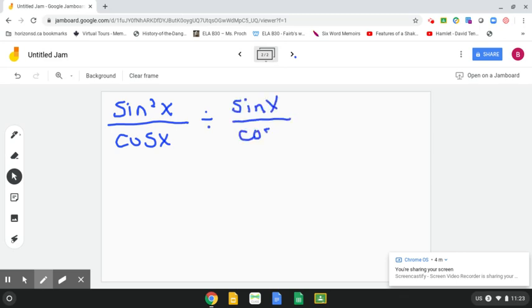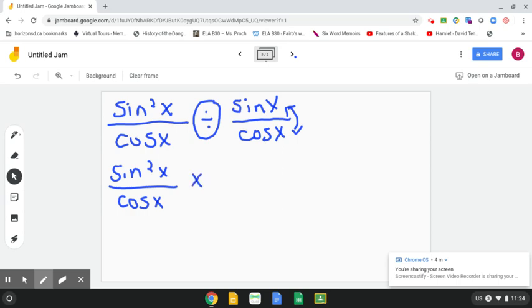I just like writing my division like that when I start simplifying, because you know that when you divide, you're basically multiplying by the reciprocal. So let's do that, and then we're going to be able to cancel lots of stuff out, which is the best. So here's cos x, now times the reciprocal. So cos x is going to be in the numerator, and sine x is going to be in the denominator.